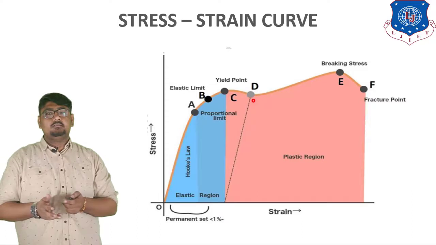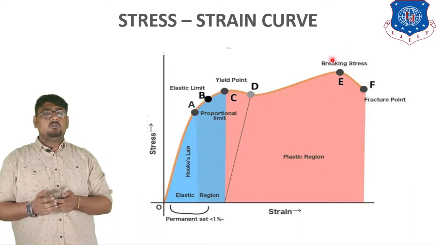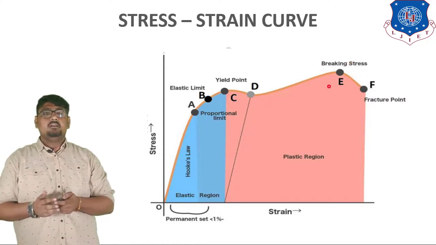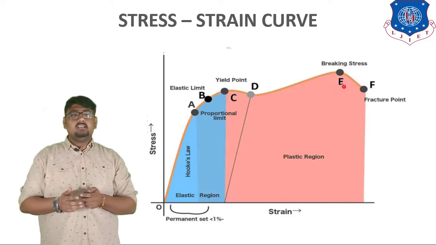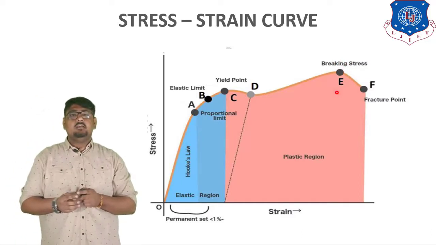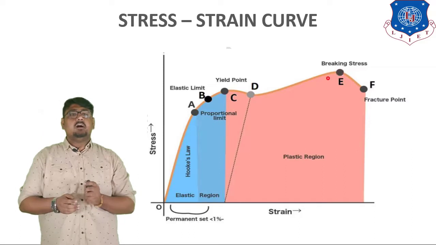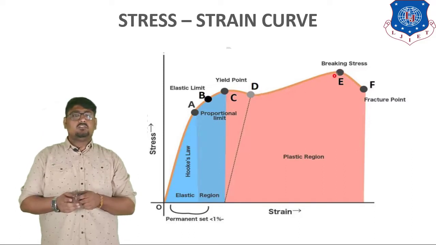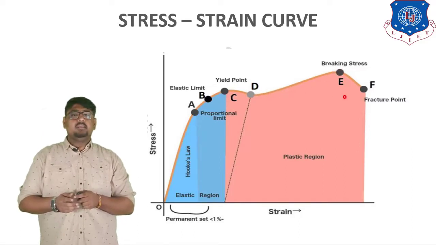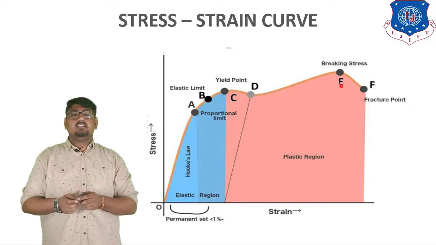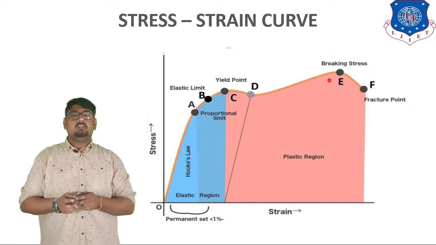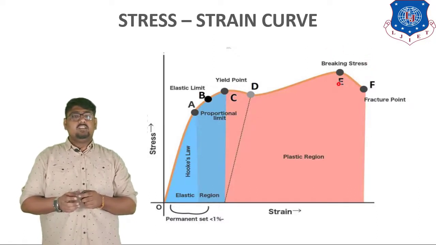Ultimate load point. After increasing the load beyond this yield point, the stress strain curve rises till point E, which is known as the ultimate load point. The stress corresponding to this point is maximum and is known as the ultimate stress. At this stage, the cross-sectional area of a particular section reduces very fast.